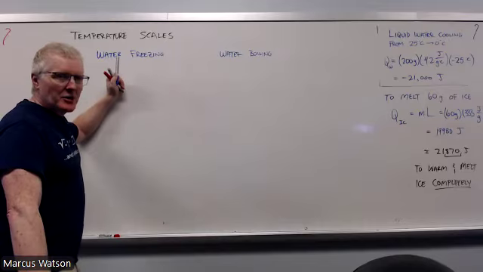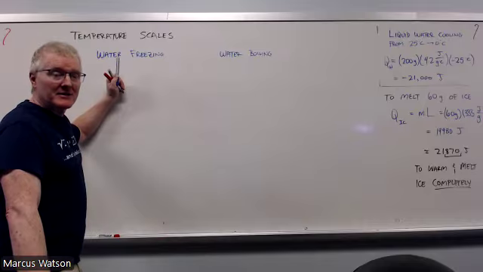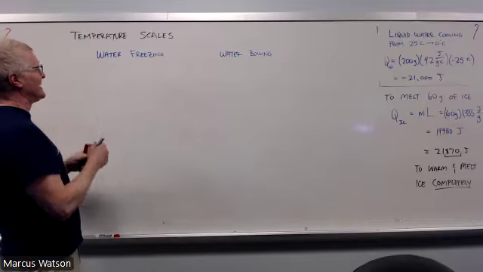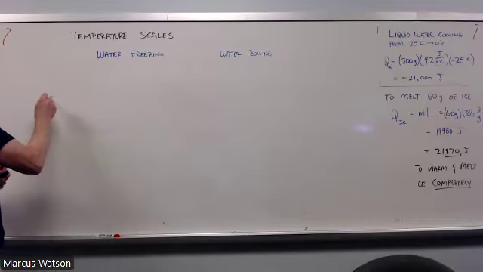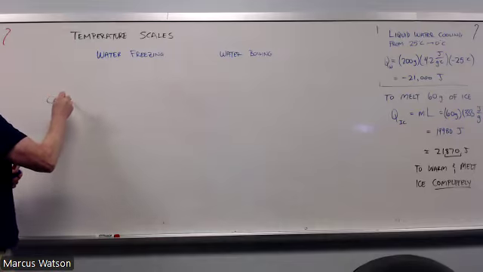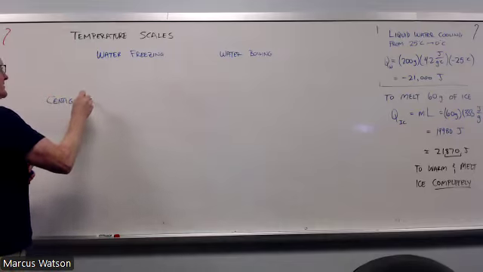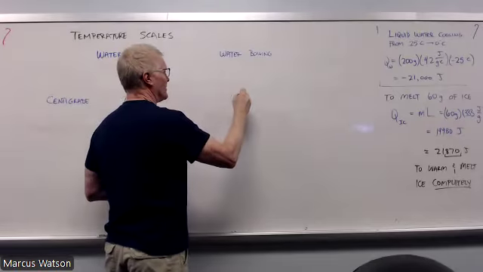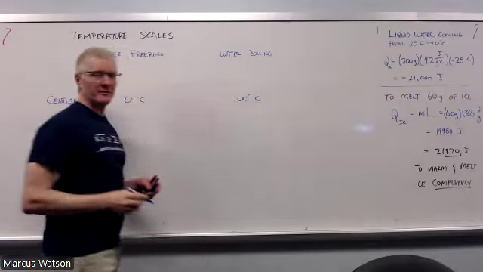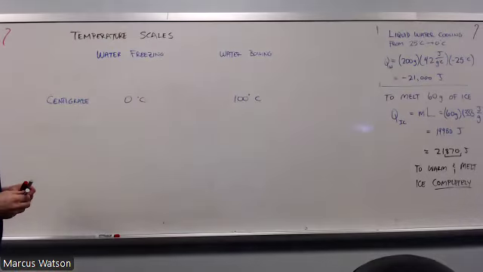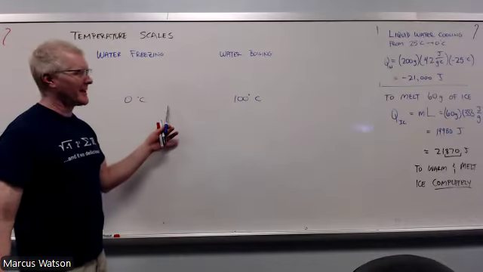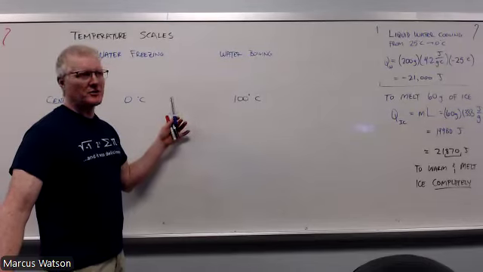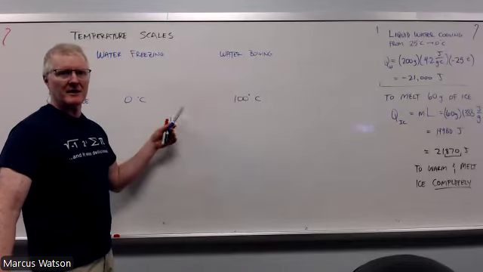For the centigrade scale, these are fairly easy. The centigrade scale was basically set up for this type of situation: water freezing and water boiling, which we're hopefully pretty familiar with. A nice standard room temperature, as I may have mentioned, is about 20 to 25 on the centigrade scale.